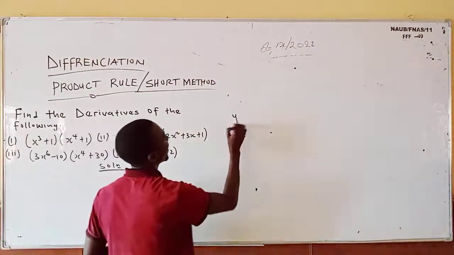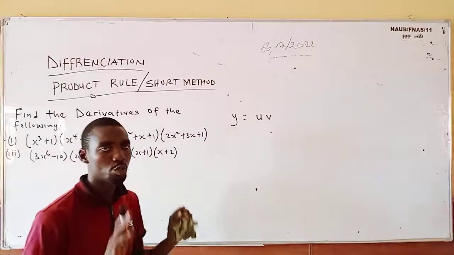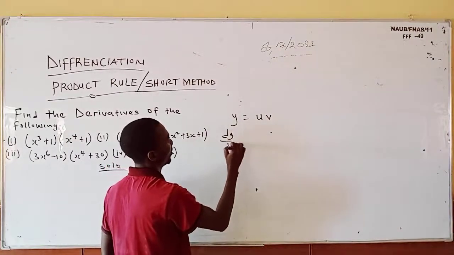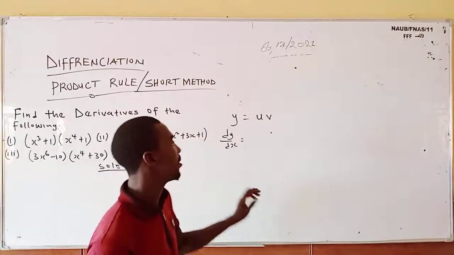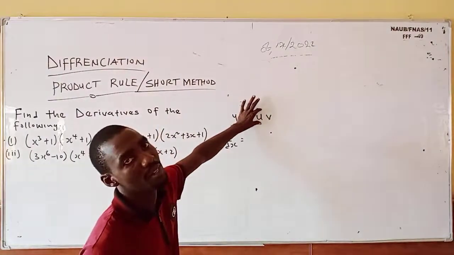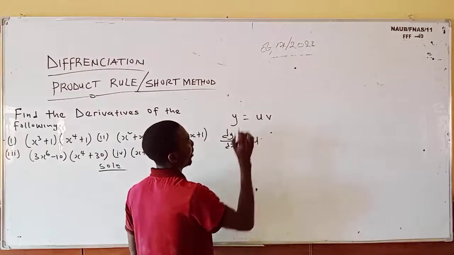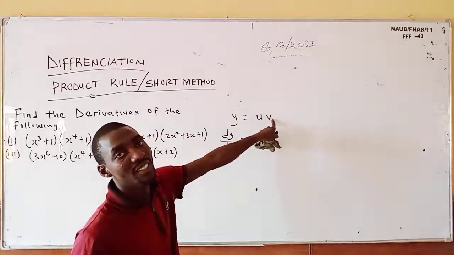If we have y equals uv, this is how we generate the product rule. Follow me closely. dy/dx is equal to, now the product rule is telling you to pick the first alphabet, the first alphabet here is u. Then differentiate the next alphabet.